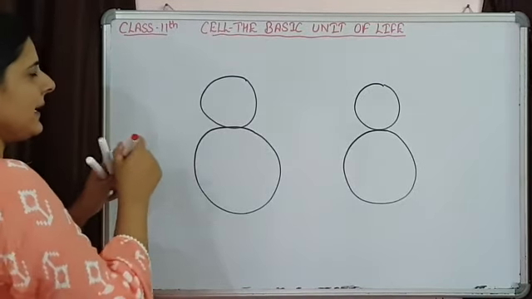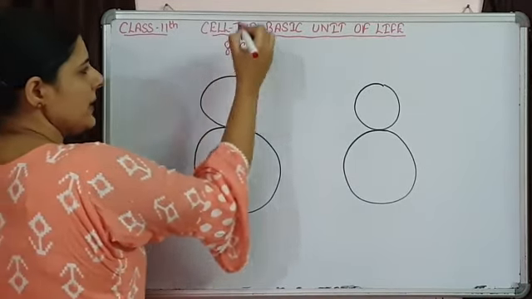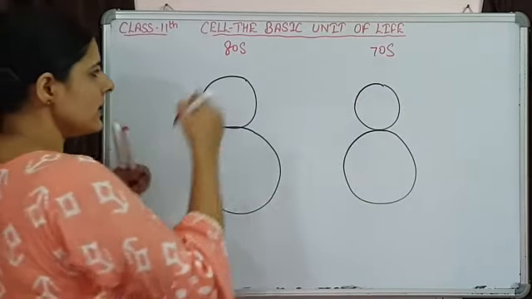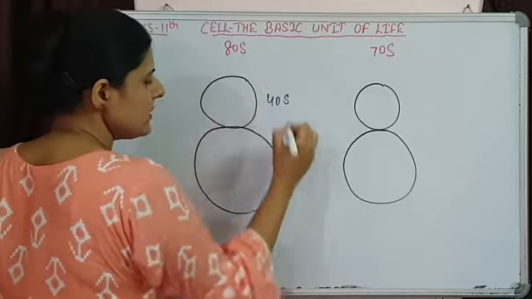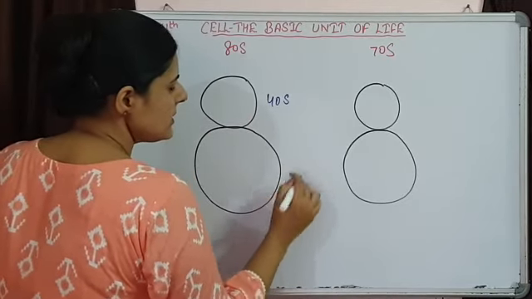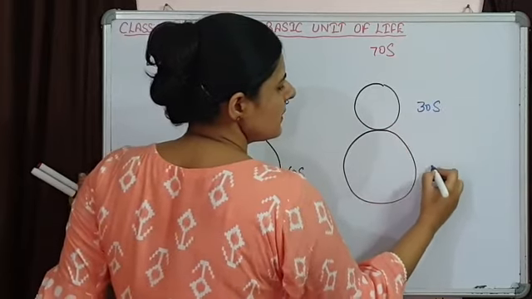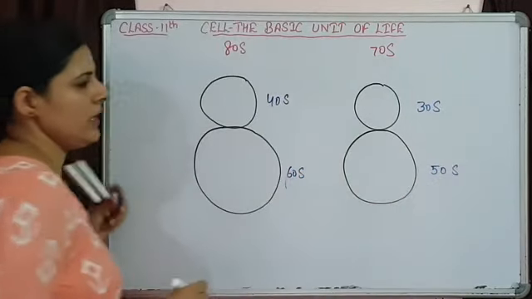This is 80S ribosomes, 70S. Now two subunits are there, smaller one is 40S and larger one is 60S. Here the smaller one is 30S and this one is 50S.